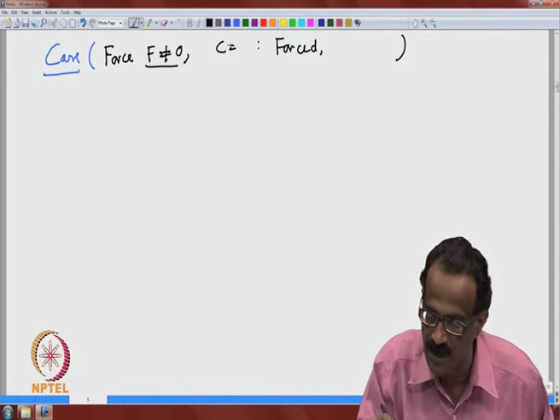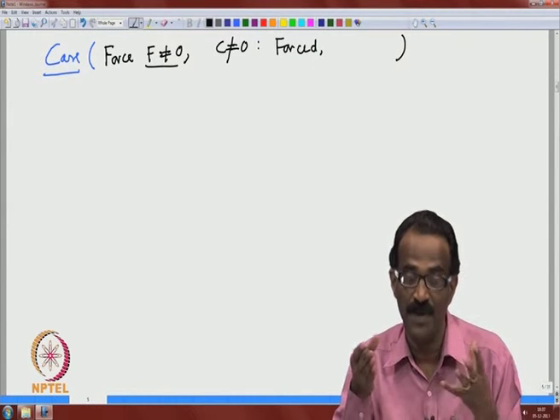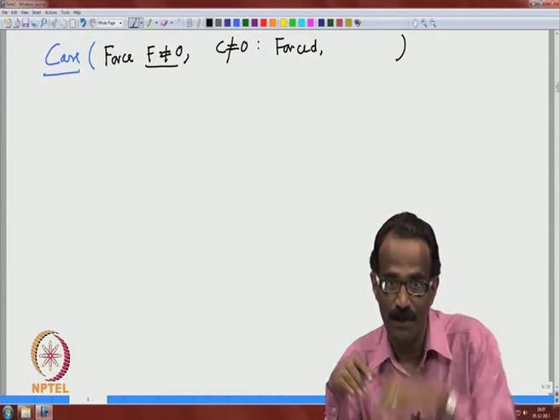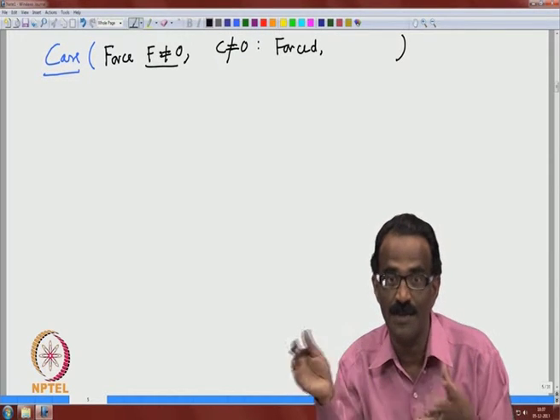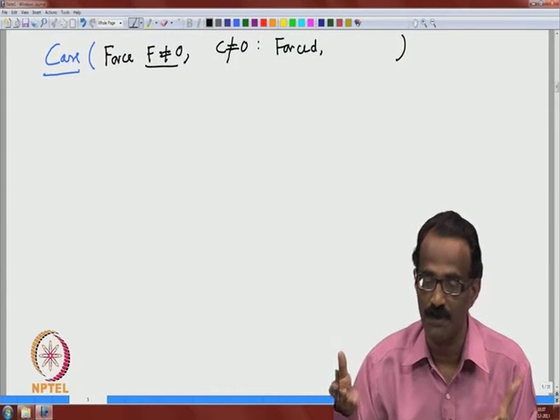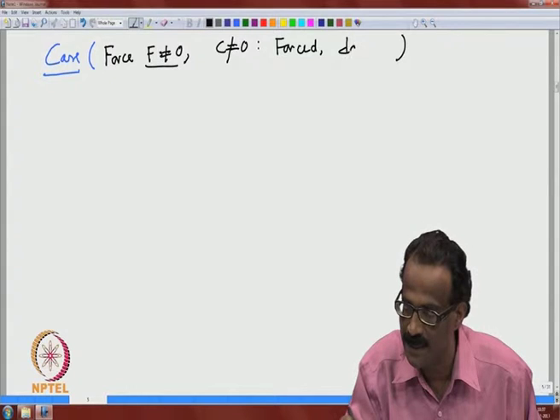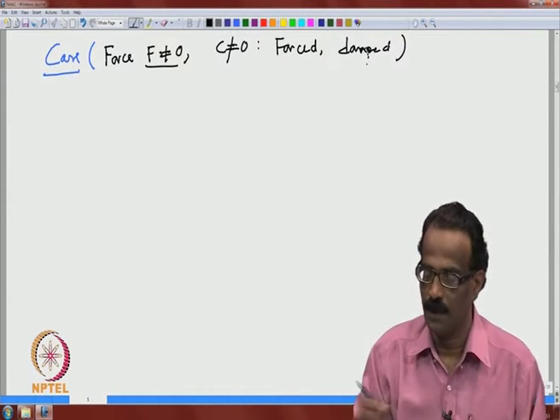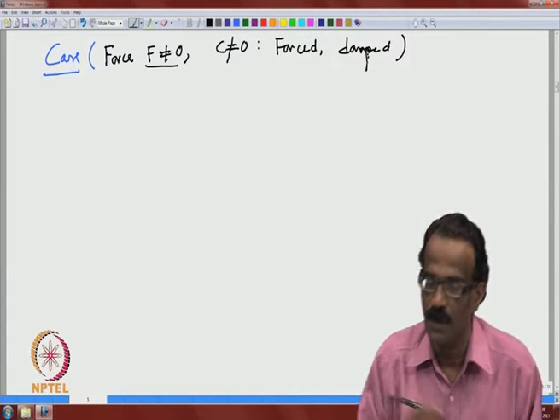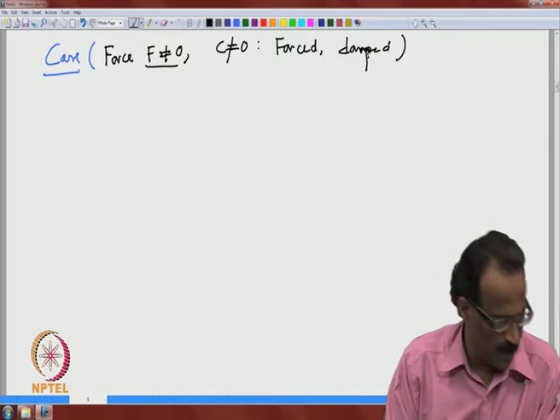We have already seen that when F equal to 0 there are vibrations, but now there is an external force coming into the picture and still no damping, so you expect more trouble in mechanical systems. Let me do the easier case first, and then we will go to the other case. This is a standard case.